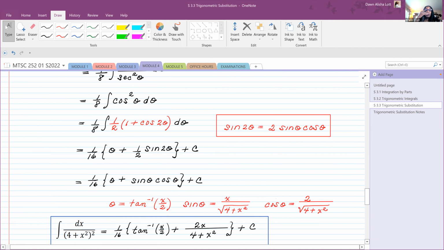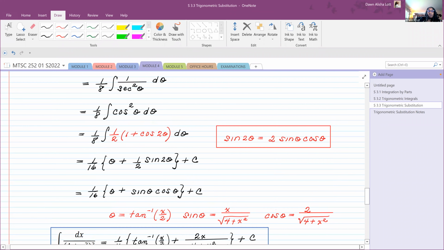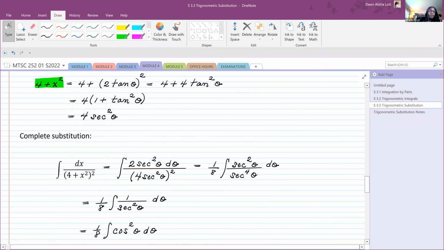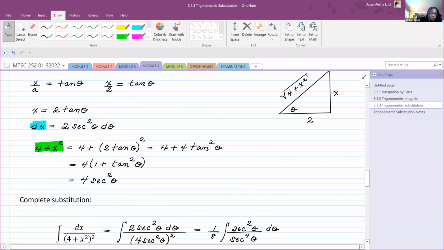Anytime you integrate the cosine of 2 theta, you're always going to get 1/2 the sine of 2 theta, and you're going to need to be able to use that formula to bring it back to x. So you're going to need 2 theta, sine of theta, and the cosine of theta to bring it back to x. And then you're going to have to go to whatever triangle you're using for your particular problem, because it may change.